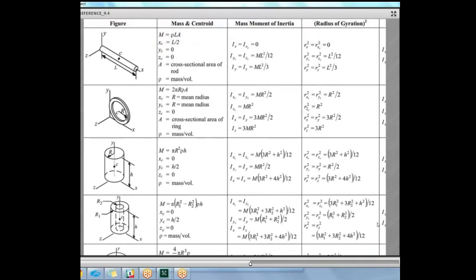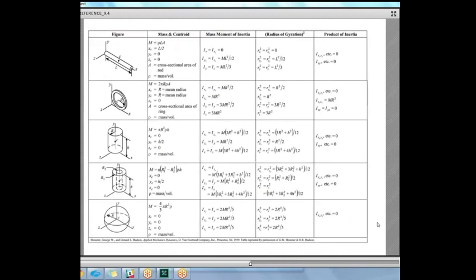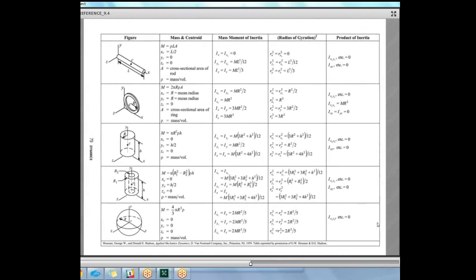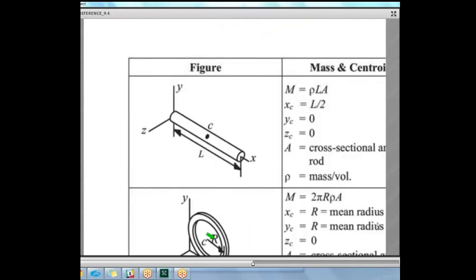Here are a few solid shapes for which some nice people have already gone through and done some integration. And what they can tell us is that if you spin a sphere about its own center, if we were to go do that nasty thing where we integrated up the mr squared for every little bit, the total result would be the mass moment of inertia for a sphere spinning about its centroid.